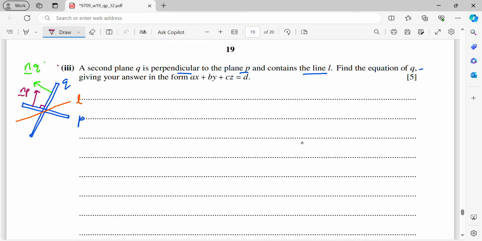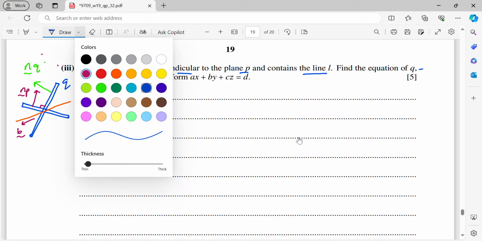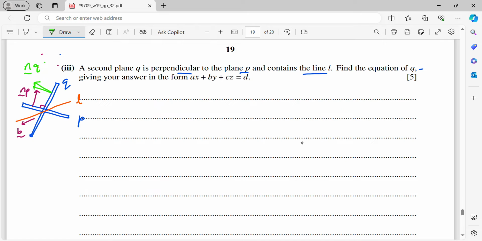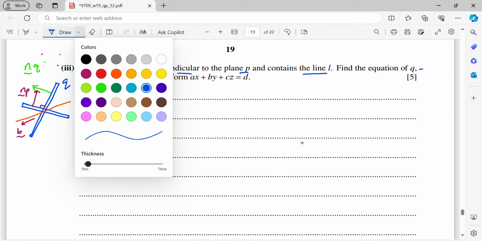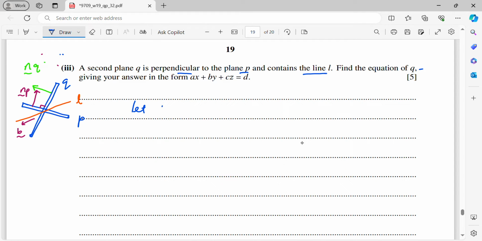And then for the L, I have B. So from here, I will say that, let NQ equals (A, B, C), because it's mentioned in ABC. So NP dot NQ equals 0. Therefore, my NP just now is (2, 1, -3).